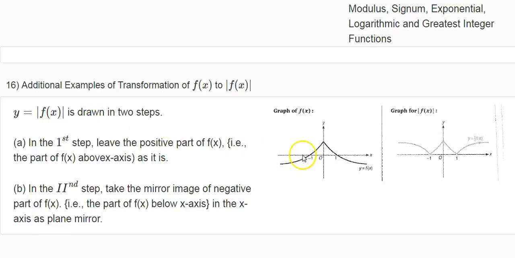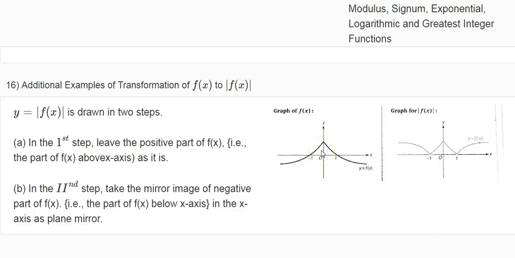So for all those values of x when f(x) is negative, that is this part, y would be equal to minus f(x). Now it is obvious that for this particular portion, the value of y would be the mirror image. Now we don't need to remember anything, and the transformation of this graph to this graph is logically understood.